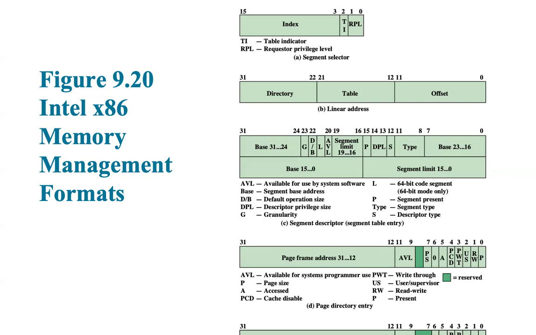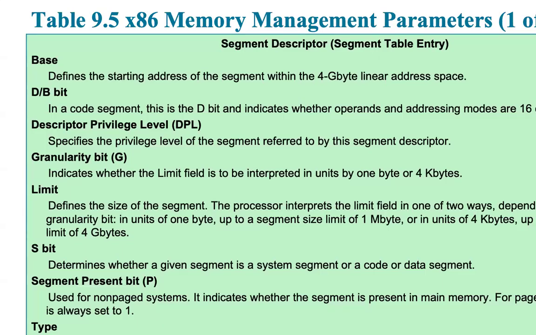That's this top part of this figure. An instruction fetching or storing an operand specifies the offset, and a register containing the segment selector. The segment selector consists of the following fields: table indicator, segment number, and privilege level. Those are all things that are there. This gets a little bit more complicated, so I'm just going to keep it at a high level. This is something that you can read in the textbook to get more details.